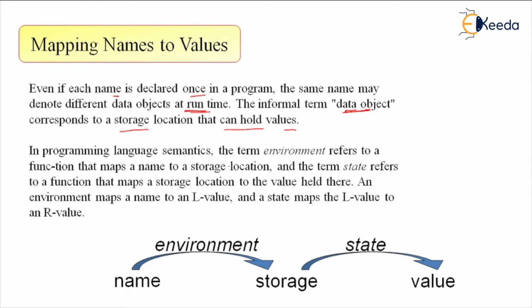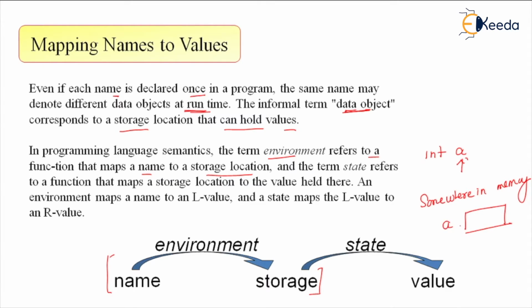In programming language semantics, the term environment refers to the function that maps a name to a storage location. Whenever you declare a variable, let's say int a, somewhere in memory a storage location will be allocated and a will be associated with it.